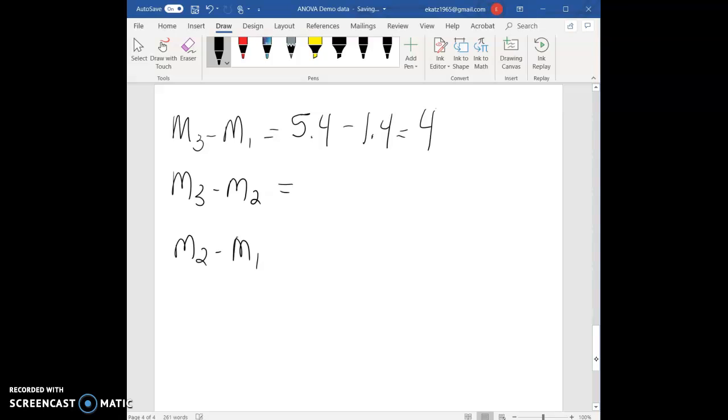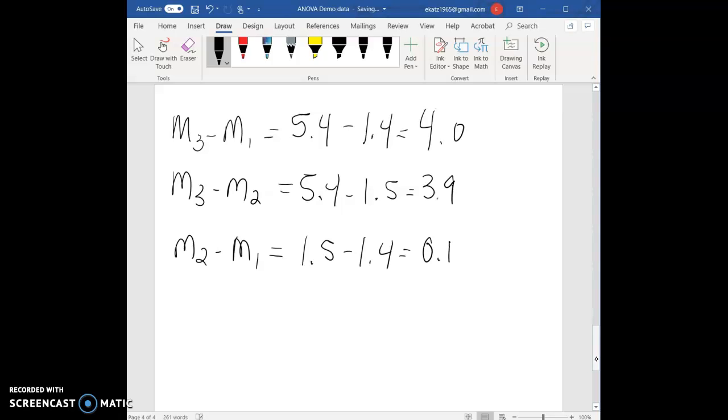And then mean 3 minus mean 2 is 5.4 minus 1.5. That's going to give us a difference of 3.9. And then finally, we're going to have 1.5 minus 1.4, and that's going to give us a value of 0.1.